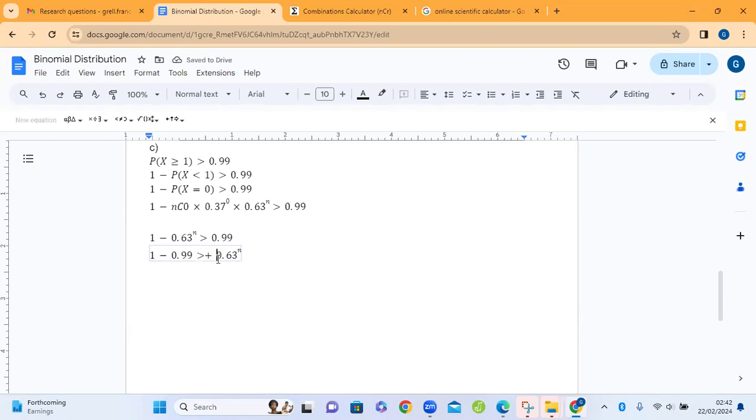So then we are left with 1 minus 0.99 is greater than 0.63 raised to the n. 1 minus 0.99, that's 0.01, greater than 0.63 raised to the n.